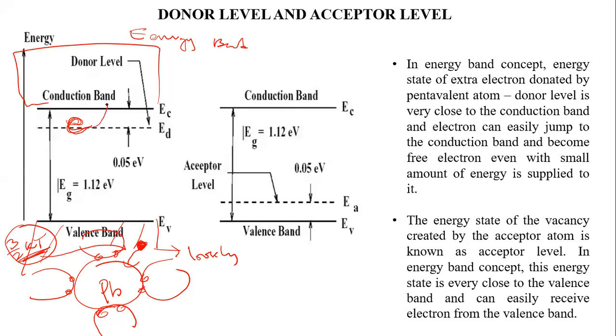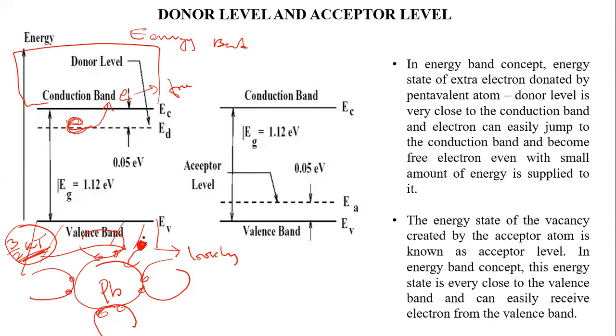So it can easily jump to the conduction band and become a free electron readily available for electrical conduction. Because of that, we denote the donor level to be very close to the conduction band.